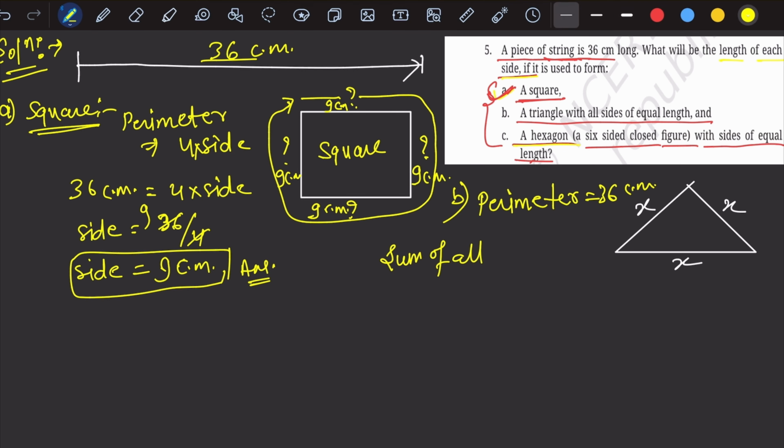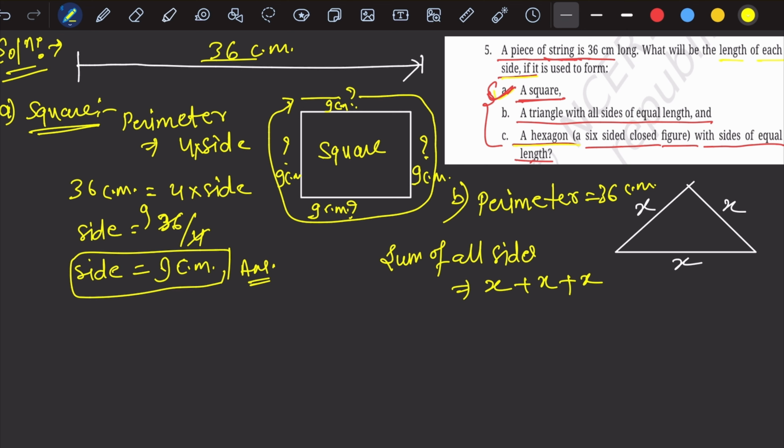Sum of all sides, which will be 3 into x, or an easier step is x plus x plus x.